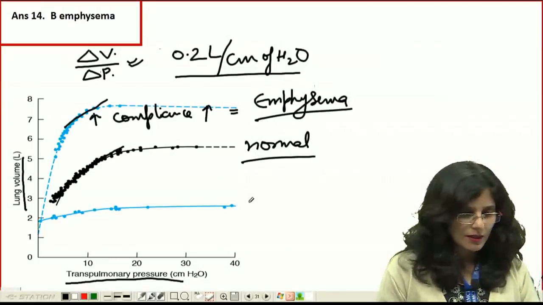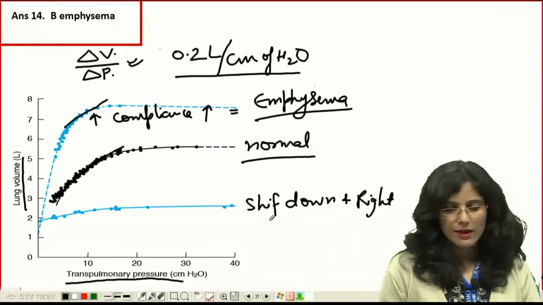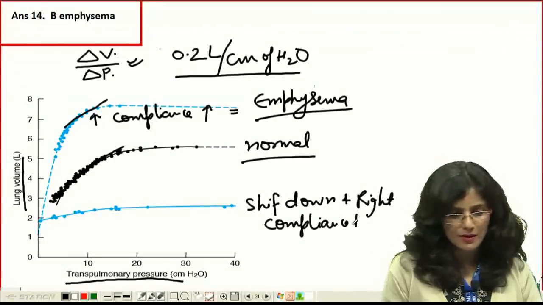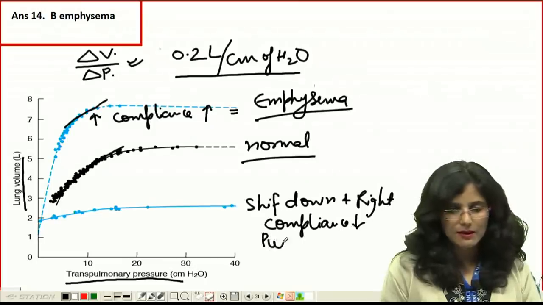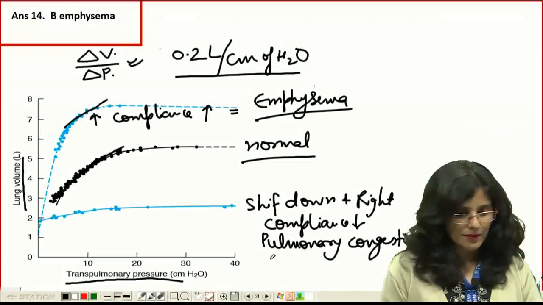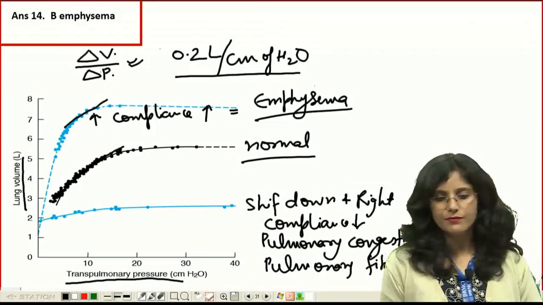If you see the curve shifted down and towards the right, the compliance is reduced, and this occurs in case of pulmonary congestion and in case of pulmonary fibrosis.